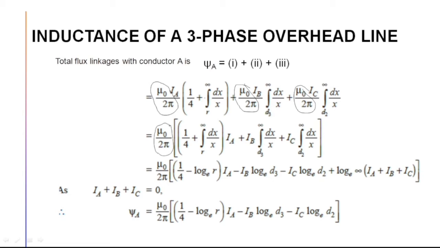Then the remaining terms are 1 by 4 plus integral r to infinity dx by x into IA, plus IB into integral d3 to infinity dx by x, and IC into integral d2 to infinity dx by x.